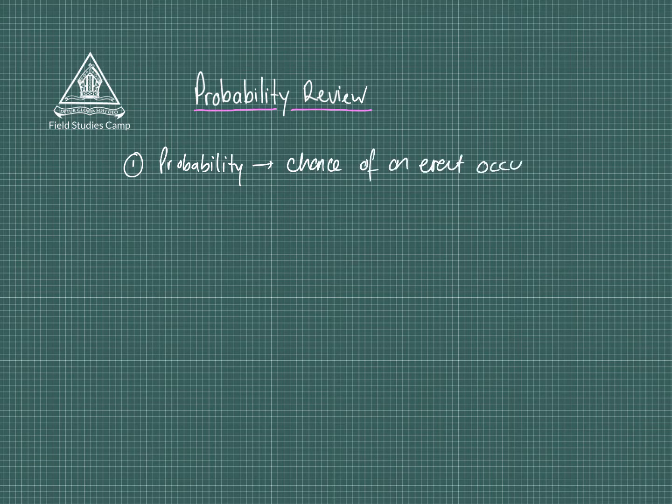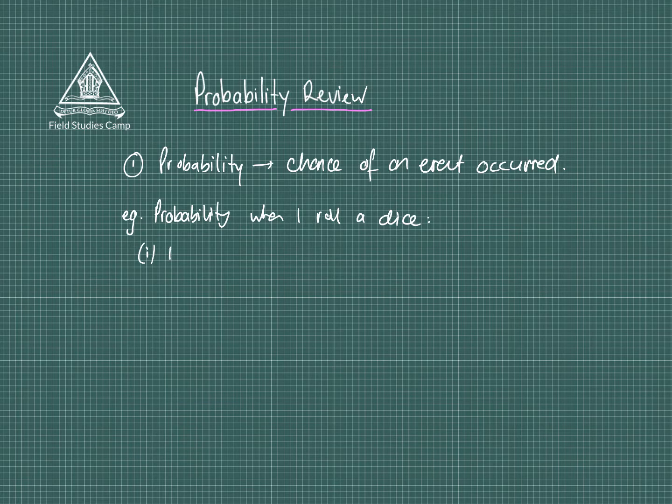So the probability is the chance of an event occurring. Now let's take an example. Let's say, for example, we want to look at the probability when I roll a dice, and certain things can occur.